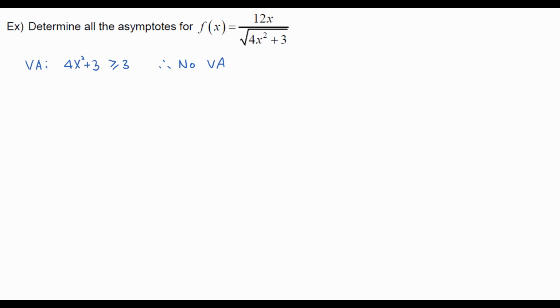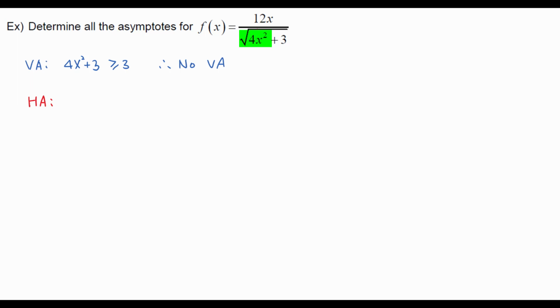Next, how about horizontal asymptotes? Would there be any horizontal asymptotes? What is the degree of my numerator? Yes, it is 1. And the square root of 4x squared, that's the highest power of your denominator, and that would be either 2x or negative 2x, since the square root of x squared is the absolute value of x.